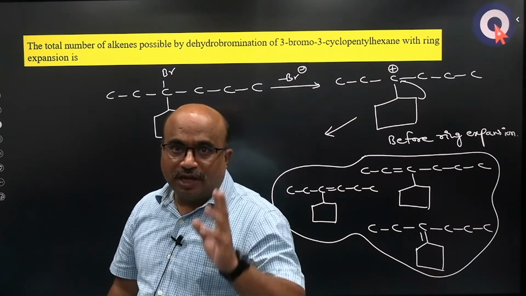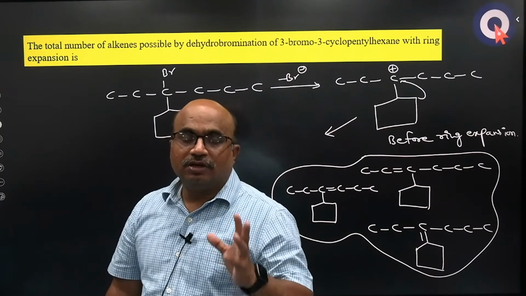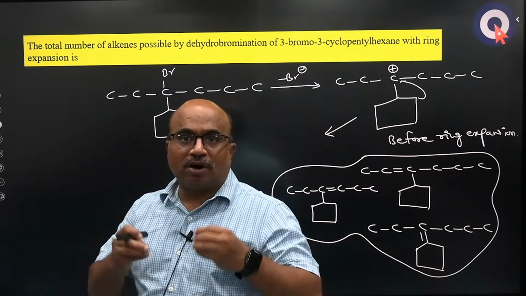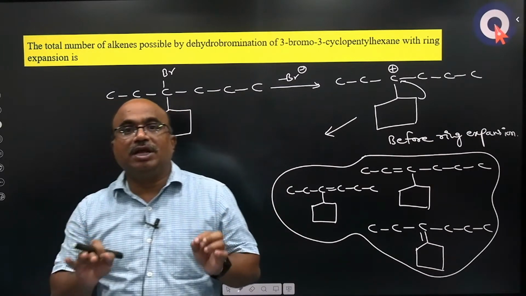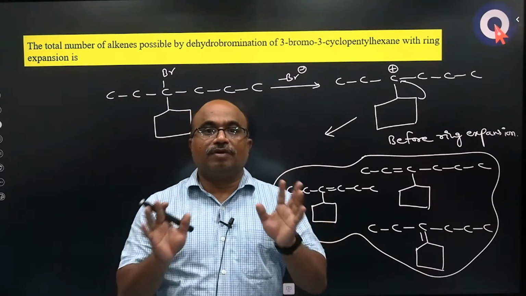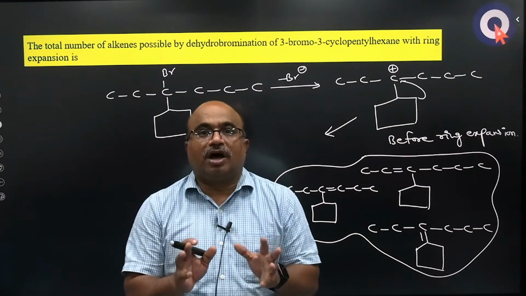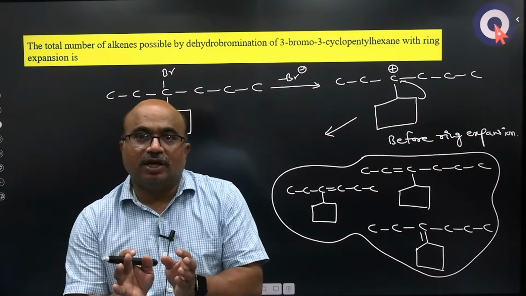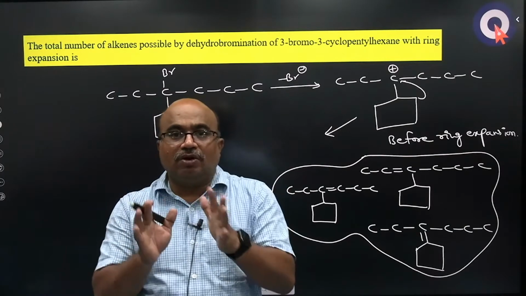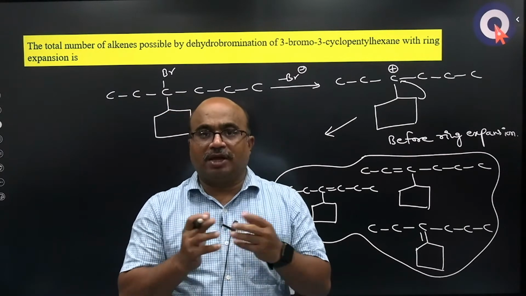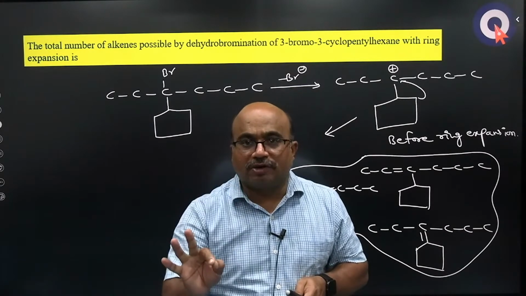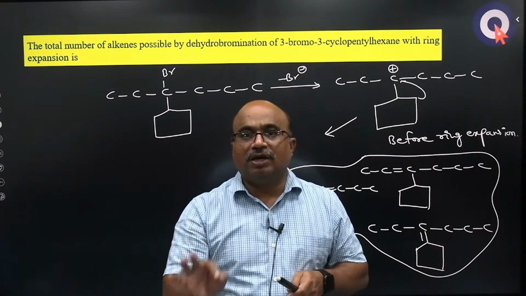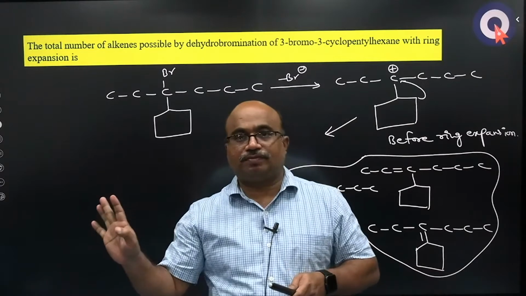Even if they don't say include stereoisomers, when the number of products or alkenes is asked, we write even including the stereo. When they say exclusively include or exclude, then only we may include or exclude. Otherwise, when the number of products is asked, we should count even stereo.